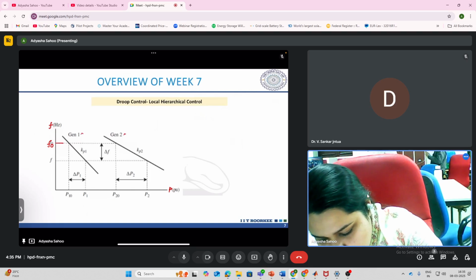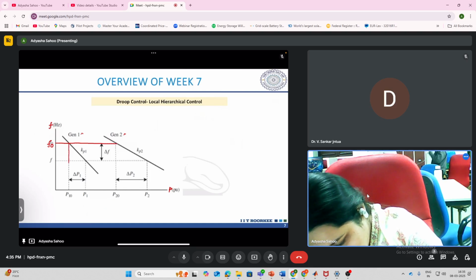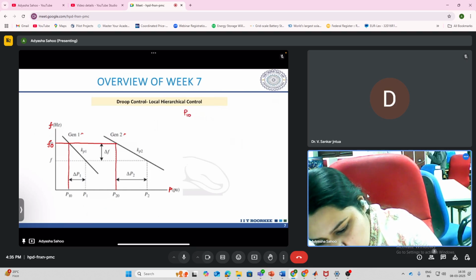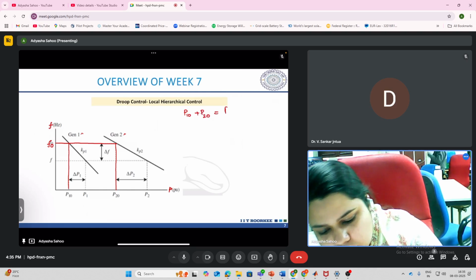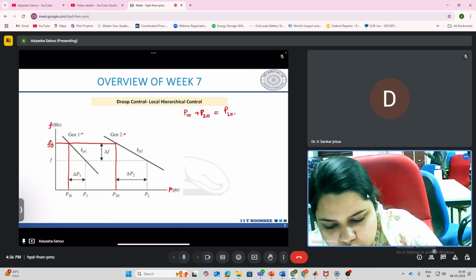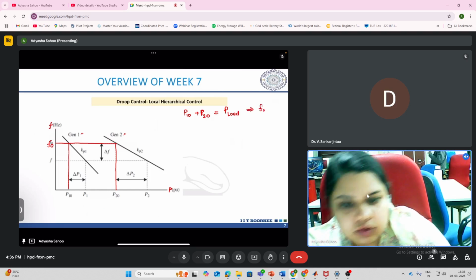So if you see, this is f naught, the powers are P1 naught and P2 naught. So P1 naught plus P2 naught, the power from both the generators, is used to meet the load P load, and the frequency is maintained at f naught.